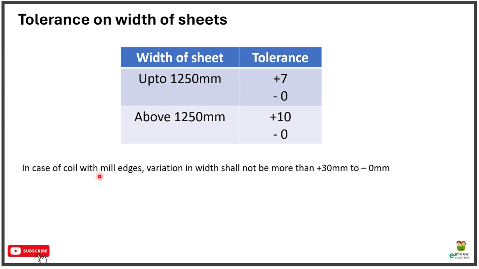In case of coil with mill edges, variation in the width shall not be more than plus 30 mm and minus 0 mm. That means it should be between 0 and 30 mm, and should not fall out of this limit range. These tolerances are basically for the standard sheets of CRC which we will get from the manufacturer.